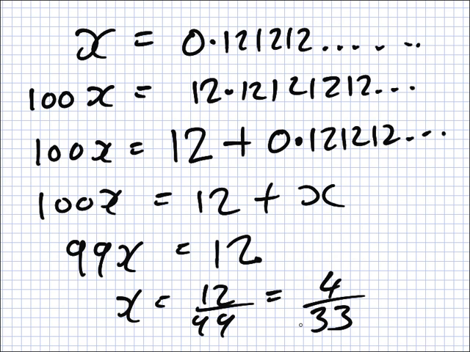What is the reason I picked 100 here? Sorry, I should have said that. Why 100? Why not 1,000 or 1,000,000? Well, the reason is because it's repeating twice. So if it was 0.333, you'd just times by 10.